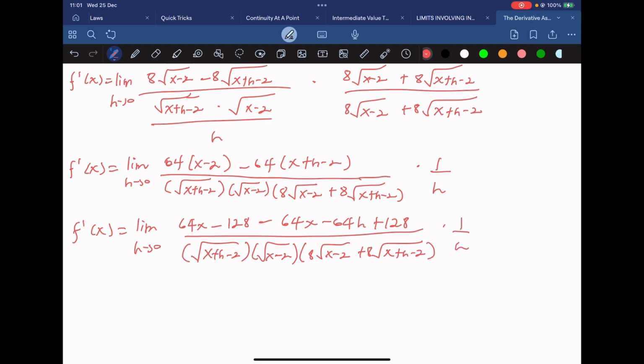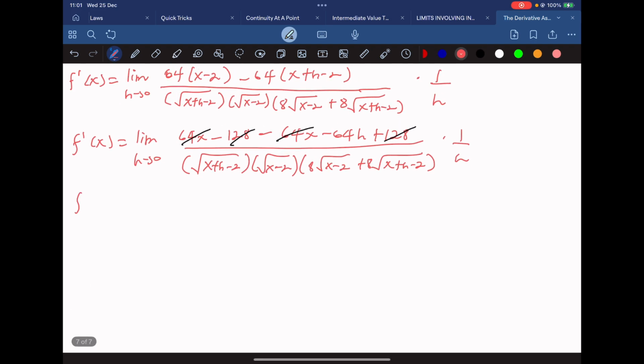So clearly, we can see that this cancels this, this cancels this. So we have our f prime of x to be equal to the limit as h approaches 0. In the numerator, we just have negative 64h. In the denominator, we have everything.